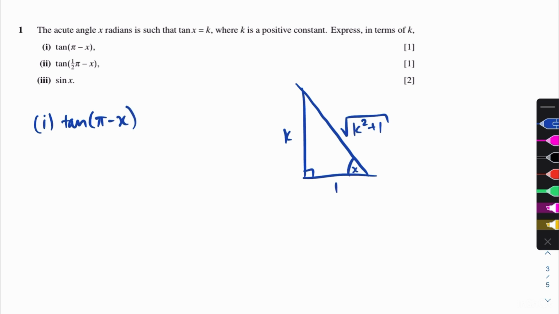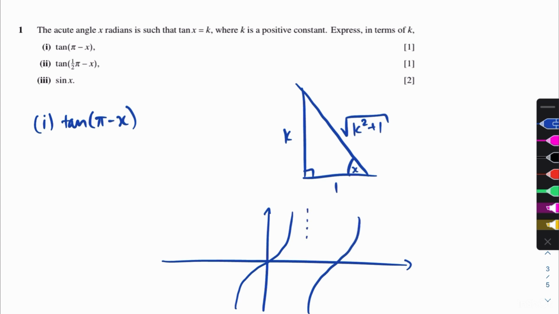Okay, so for this, we can't actually use the triangle we just drew. We need the graph. So if you draw the graph, it makes it a lot easier to find pi minus x on a tan graph. So the graph looks something like this, where this is pi over 2, and this is pi, and this is 0.